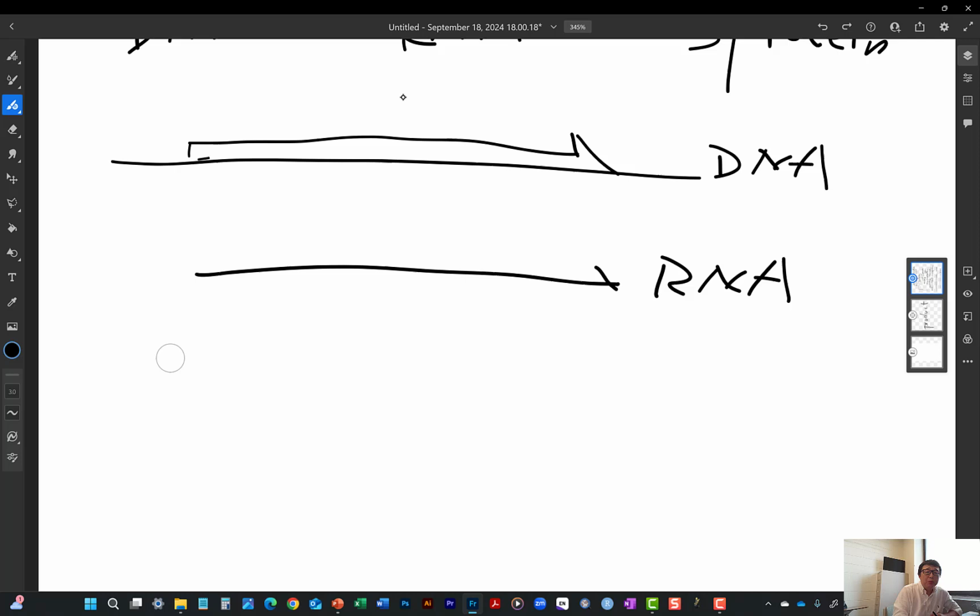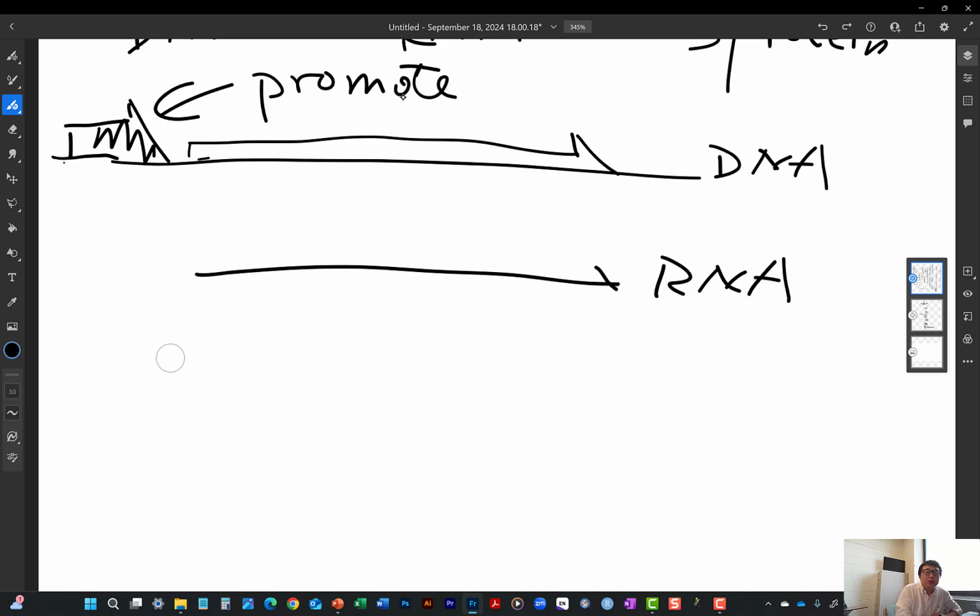But here is something different, because you only pick a small part of the genome to transcribe into RNA. So how do the cells find where to start? That's something in the upstream of the gene called the promoter.